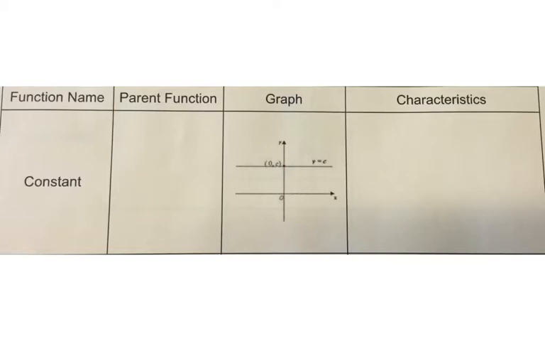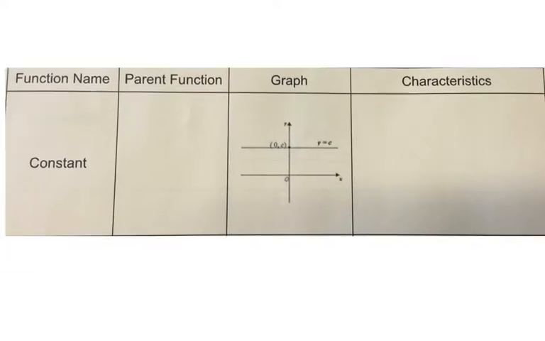Alright, so these are all the parent functions. The first function we have is constant, and that's going to be where we have just x equals some number. So for this one, we'll put x equals just a number, and that's going to be a vertical line.